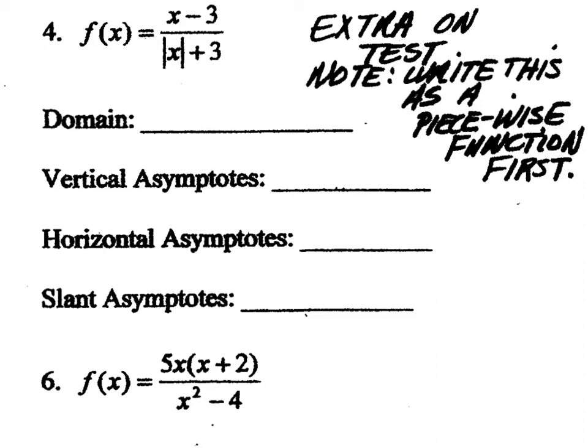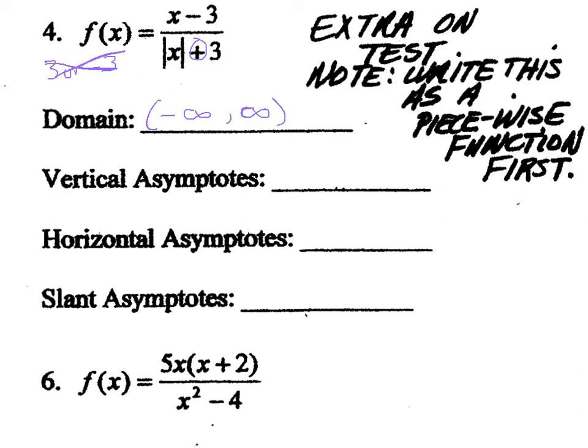For number 4, I cannot plug in a 3 or a -3 since it's an absolute value. Oh, never mind. I can plug both of those in because it's a plus. So I'll always have a positive number on the bottom. So my domain will be negative infinity to infinity since I can plug anything I want into the bottom.